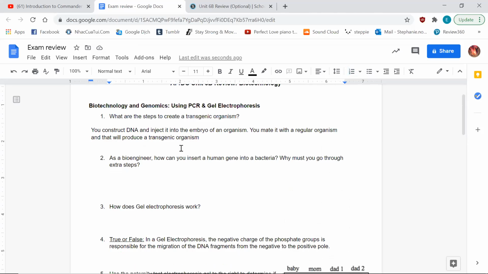As a bioengineer, how can you insert a human gene into a bacteria? Why must you go through extra steps? Pretty simple. You transcribe it first.